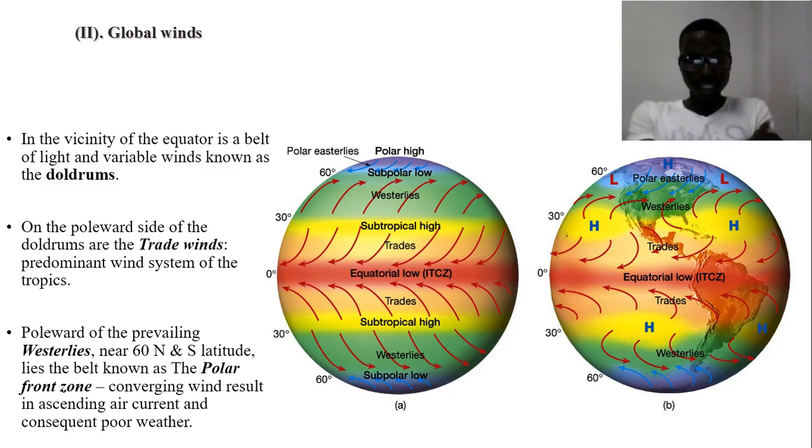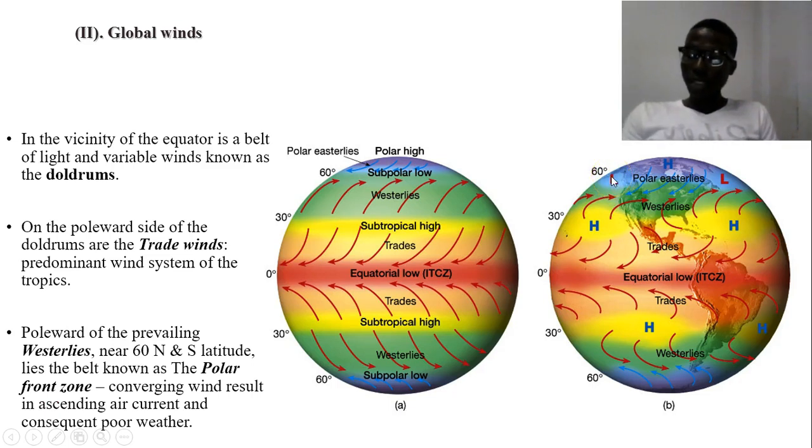So now let us have a look at global winds. As you can see in these two diagrams, diagrams A and B, you will notice that winds seem to be traveling in a bunch of different directions. But what's very important to understand here is that winds are blowing from the regions of high pressure to the regions of low pressure.